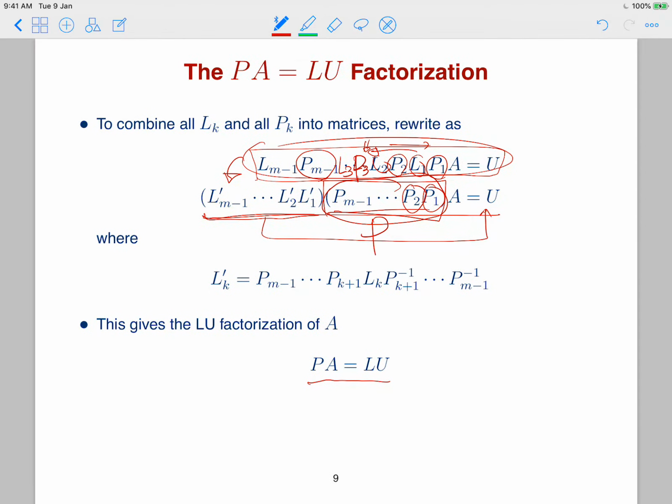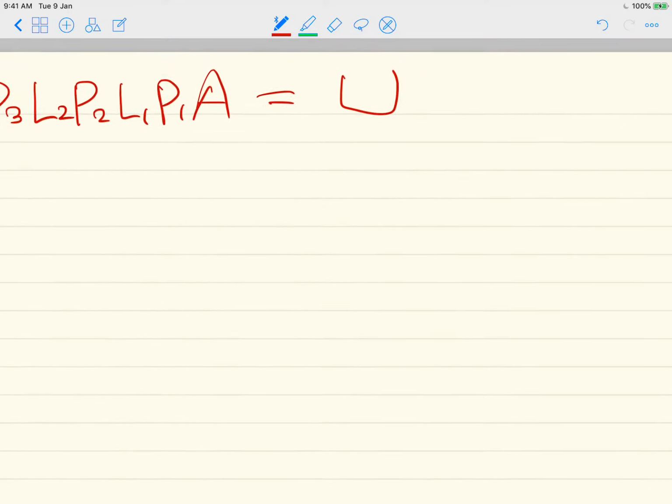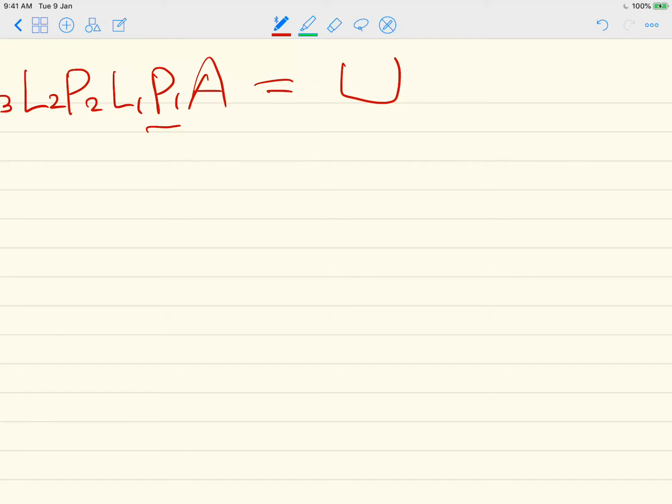Okay, so it is a little bit tricky. In case of maybe a 3 by 3 matrix, we do the row interchanges first, and then do the upper triangularization by using L1, given this permuted version of our input matrix.